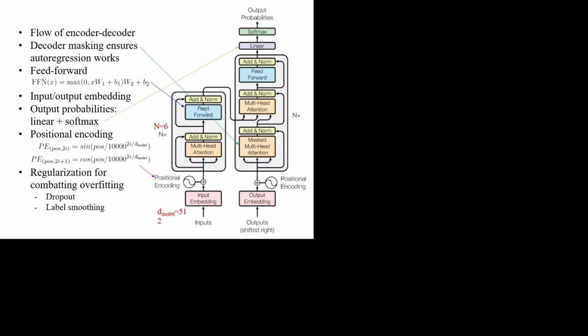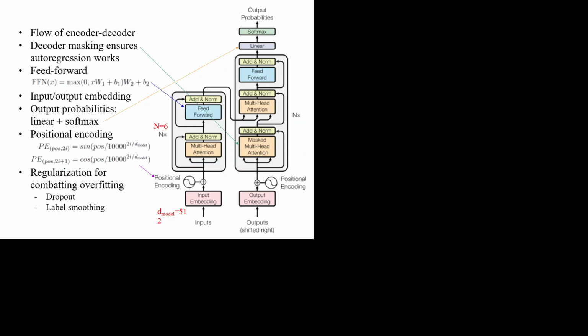And how about the third attention mechanism here? It's also a multi-head attention, but we call it cross attention. It's not self-attention. It's called cross because Q is from your decoder.